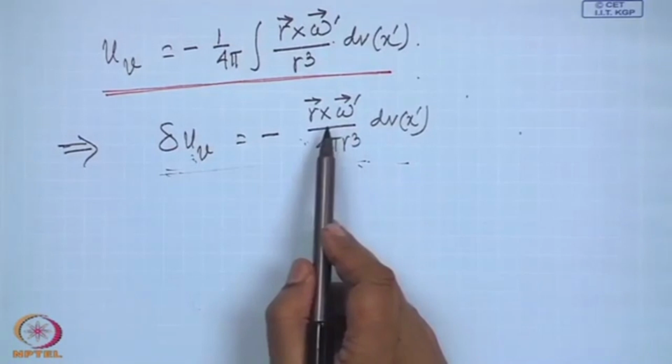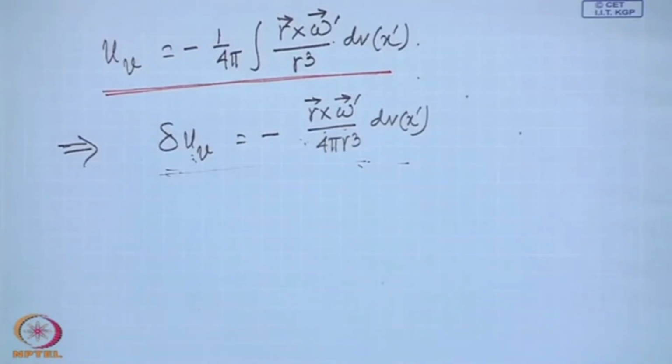I think you have come across this relation, at least the mathematical relation, elsewhere. If we replace this vorticity distribution by current density, does that relation look familiar to you? Yes, is it not? Or no?